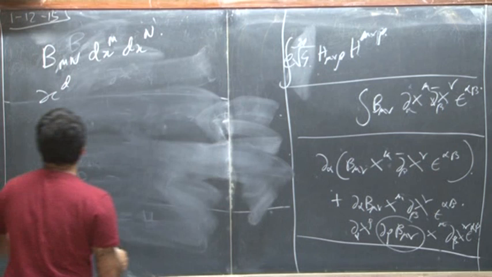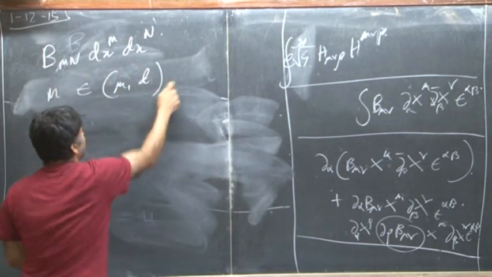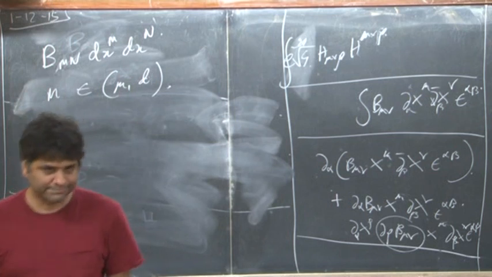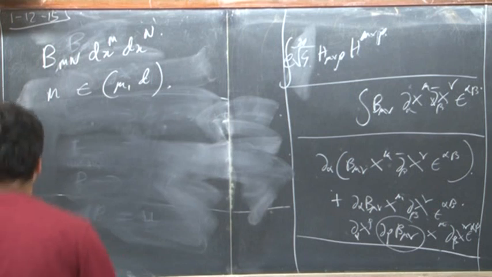So let's say that this m index is mu and d. Okay. So once we do our circle reduction, there are two types of fields in B_mn.